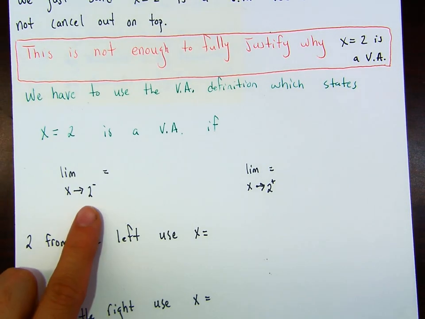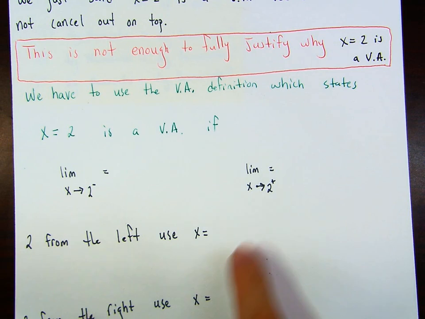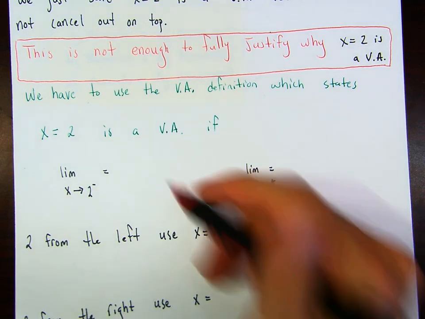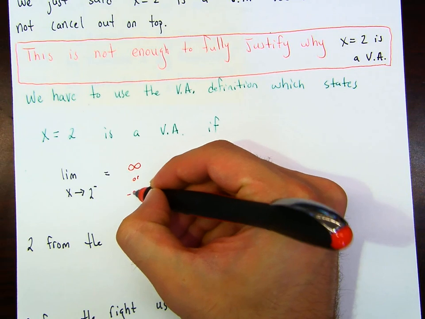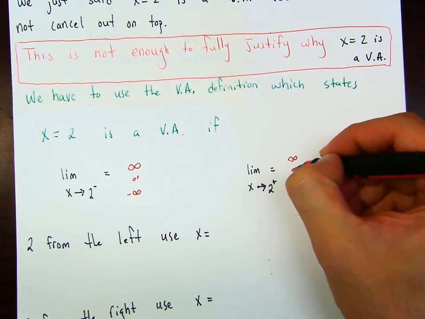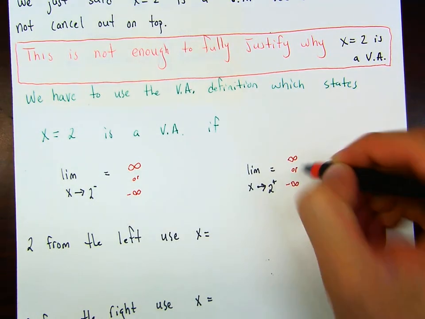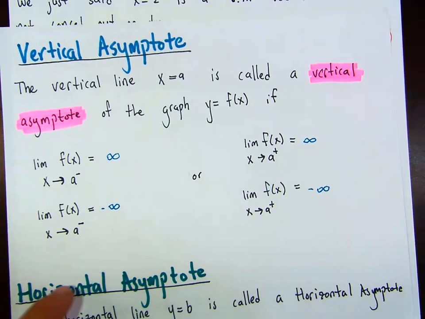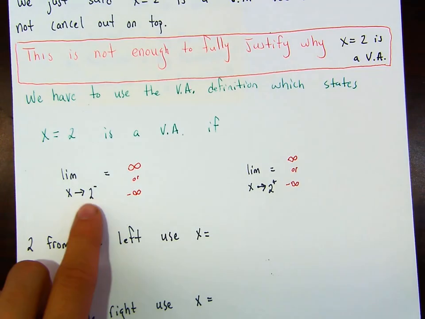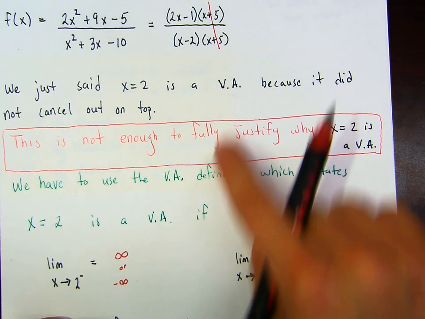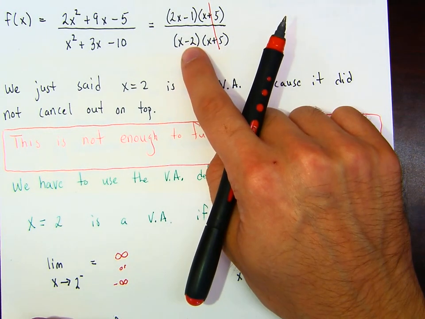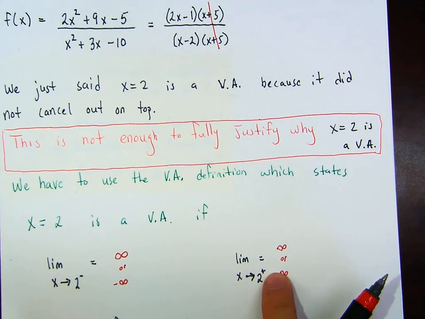If both are equal to positive or negative infinity, then you're allowed to say that 2 is a vertical asymptote. You cannot say that 2 is a vertical asymptote because it doesn't cancel. This is the proper justification.